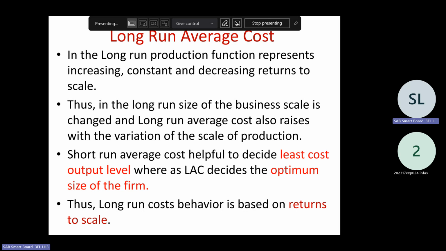So when output increases in the long run, average cost decreases, which generates increasing returns to scale. At a higher output level, the long run average cost tends to increase, which explains the returns to scale. The important point is the minimum point of the long run average cost.